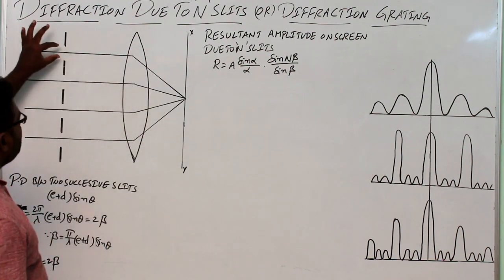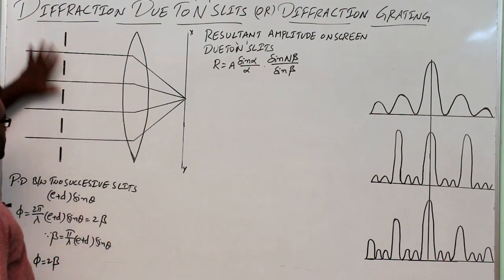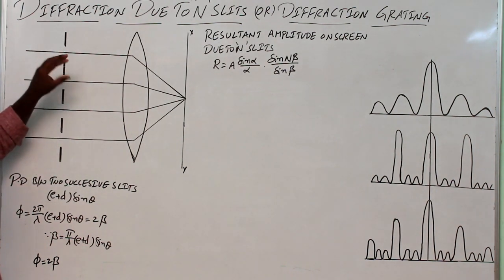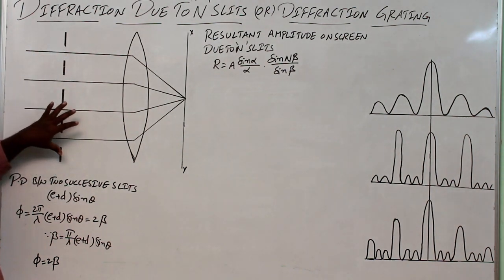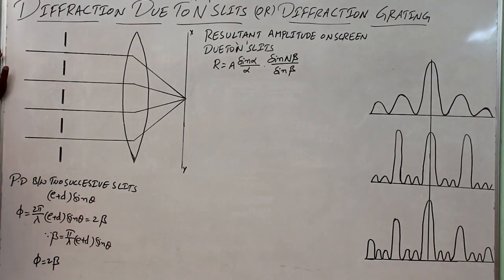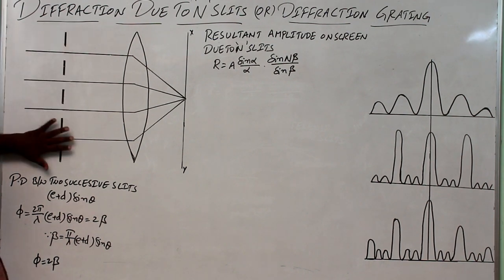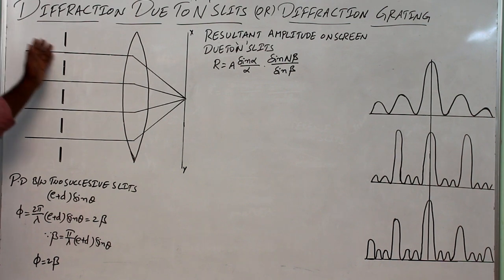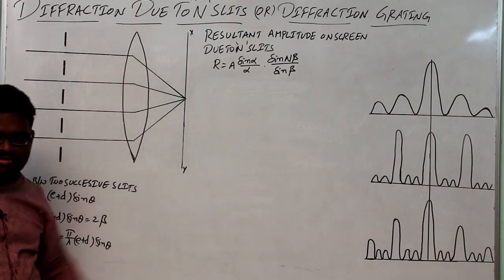So let us say there are n number of slits. For lack of space, I am taking just a few slits only. In general, we can take 1000, 10,000, 15,000, 30,000 slits also. So we are taking n number of slits of size E. As usual, we are taking a lens and keeping a screen.